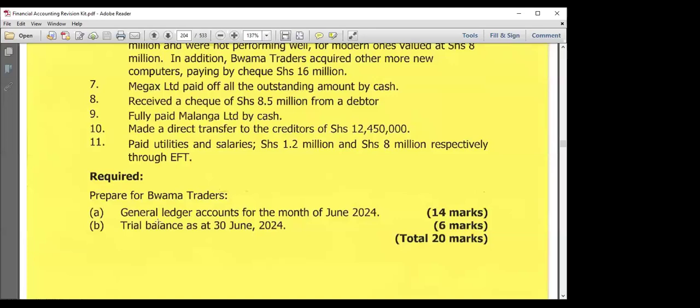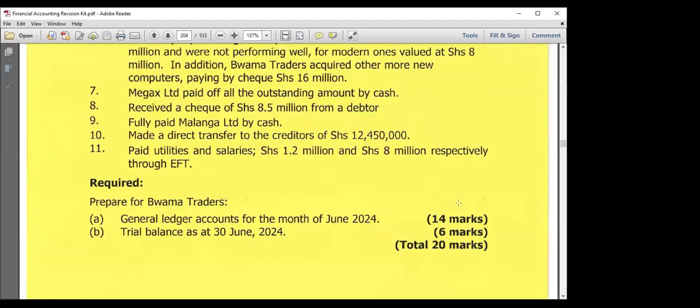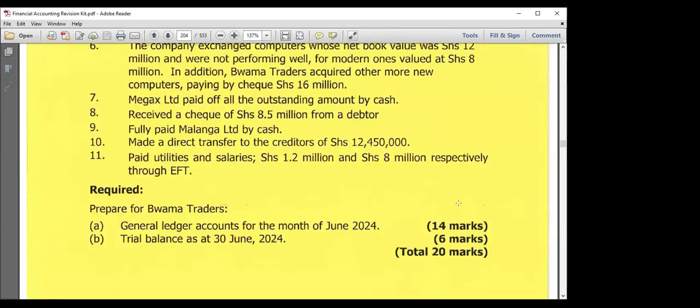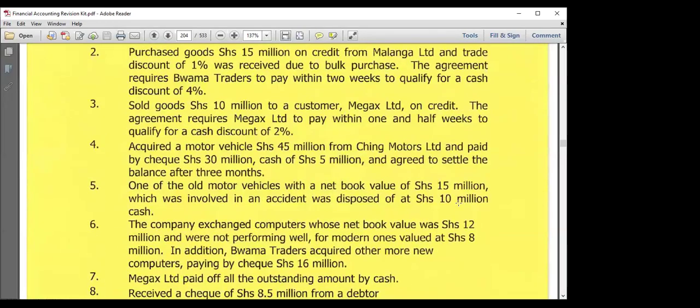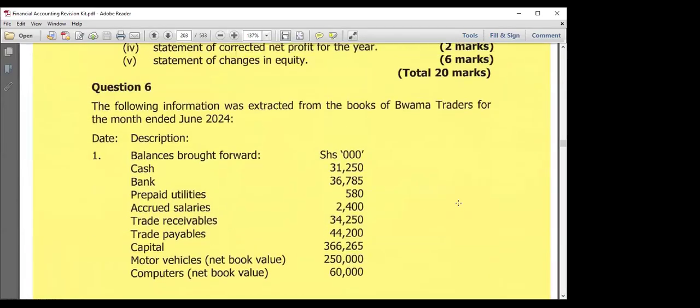Prepare for Bwana Traders the General Ledger accounts for the month of June 2024, 14 marks. These are T accounts, ledger accounts. Then B, the trial balance as at 30th June 2024, 20 marks. That is double entry. Actually, those are topics that we've covered so far. Then that was question 6.